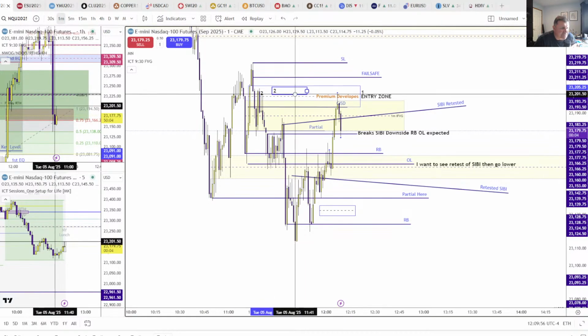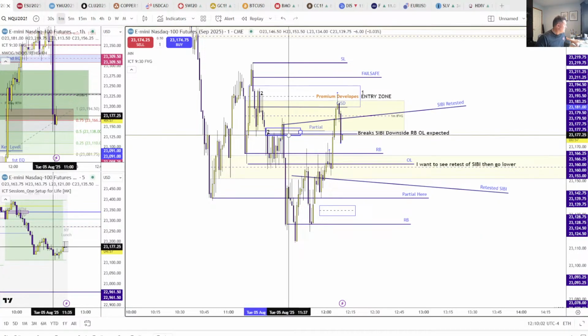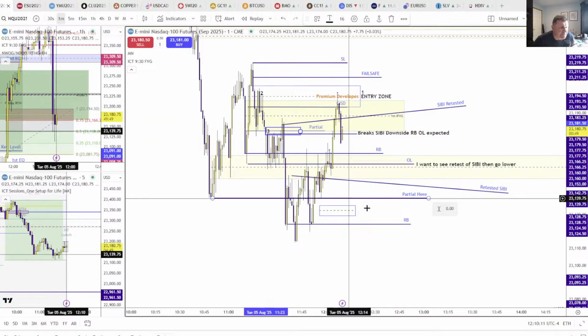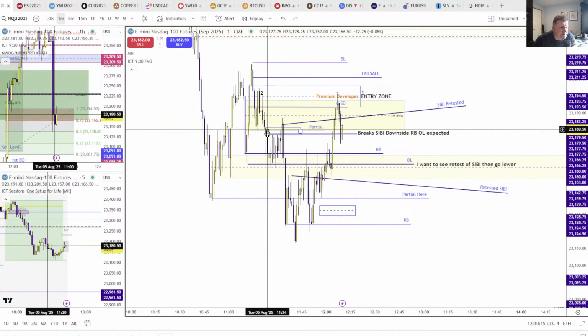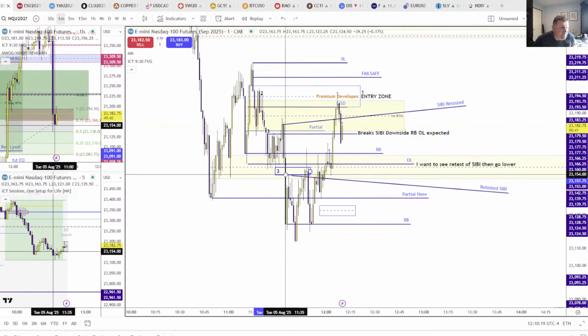So there's your entry zone. You're aiming for here. It breaks there, so that'll be 3. These are the things you look for, all the steps you're looking for. And then you look for 4.